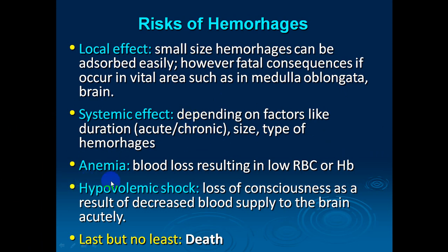And one of the things that we have to remember is that loss of large volumes of blood can cause shock due to decreased blood supply to the brain. This is a very severe condition.